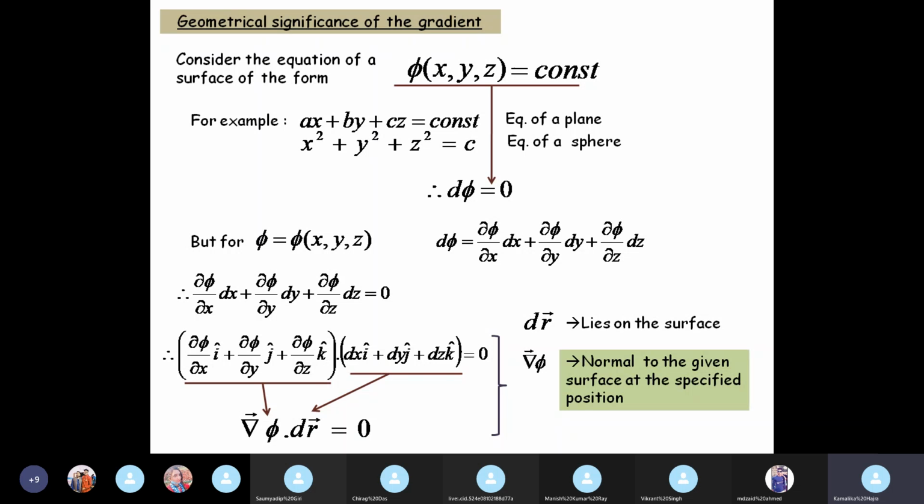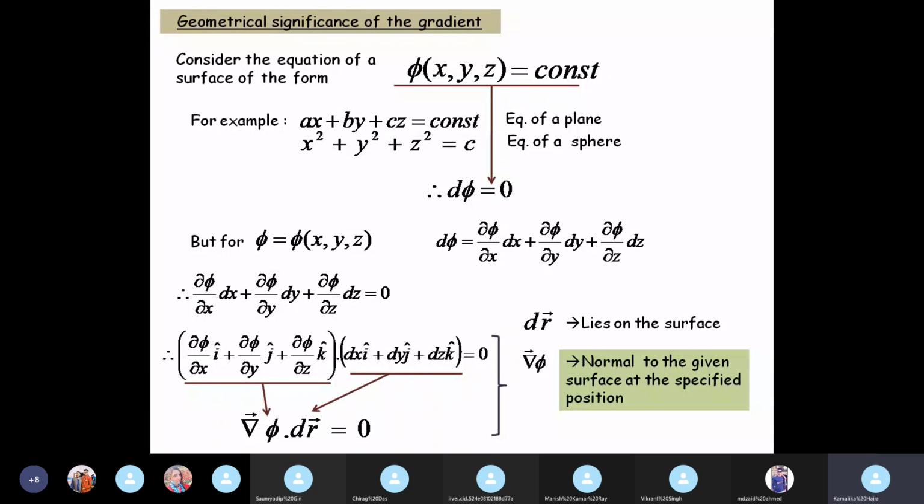Remember, dot product equal to 0 means the cosine is equal to 0. That is the definition of dot product. Now cosine of what angle is 0? Cosine of 90 is 0. It means that the angle between grad phi and dr is 90 degrees, which means that grad phi is a vector which is normal to the given surface at a specified position.